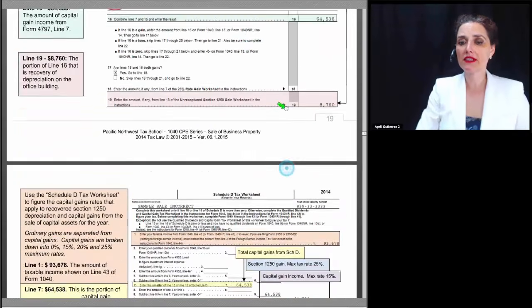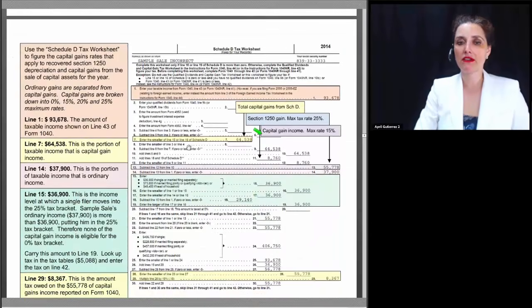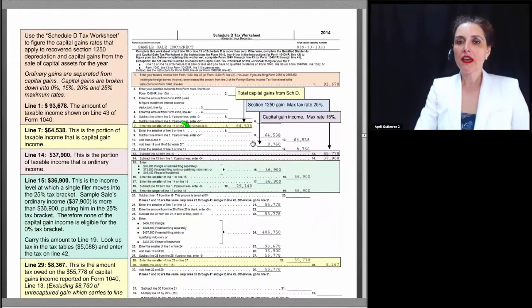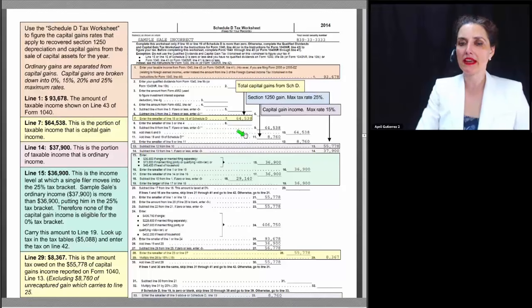So line 16 of the Schedule D is being carried down and entered here on line 7. Then the form asks what portion of that capital gain is for that unrecaptured Section 1250 gain, and that's $8,760. We pull it out. So ultimately what we have is $55,778 of capital gain that's going to be taxed at a maximum rate of 15%, and we're going to have $8,760 of gain that will be taxed at a maximum rate of 25%.